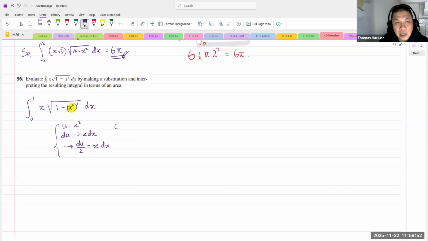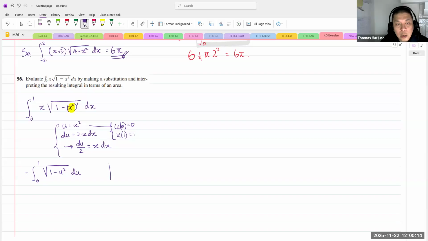The limits of integration: at 0 becomes 0, at 1 is still 1, right? x squared. So this integral becomes the integral from 0 to 1 of square root of 1 minus u squared du.